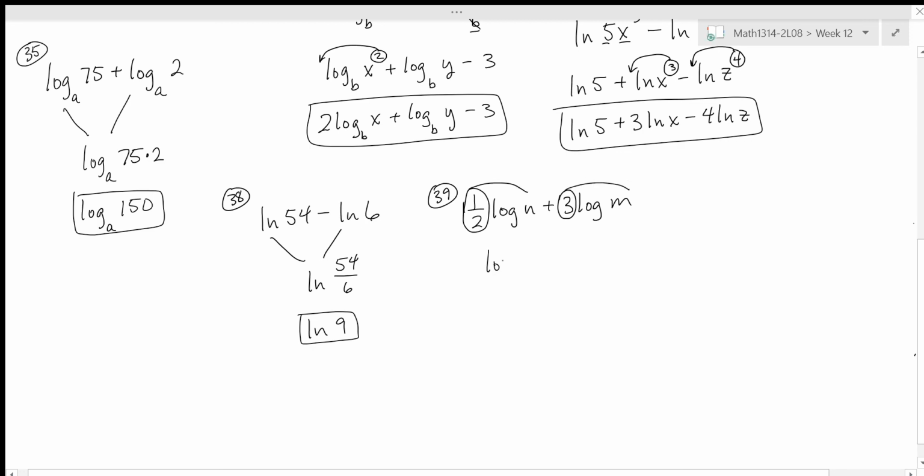So that's going to be log of n to the 1/2 power plus log of m cubed. Did y'all catch that? The numbers in front have to be dealt with first, and then I can deal with the addition. So what does addition turn into?